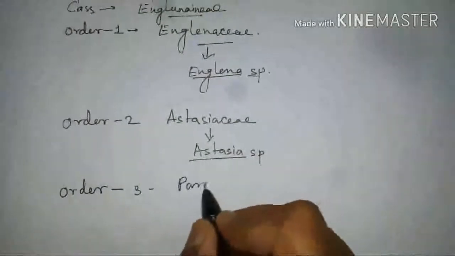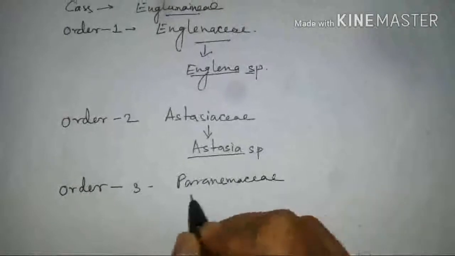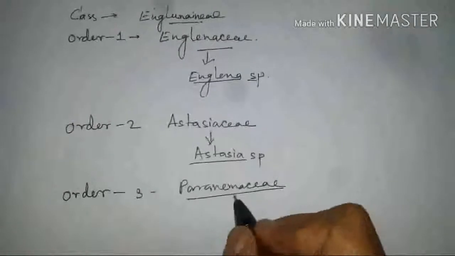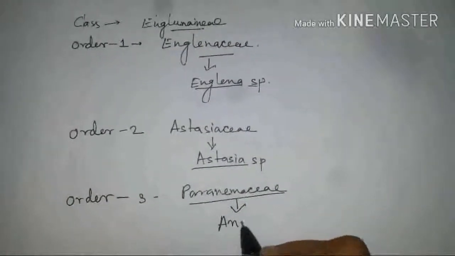Now the third order is Paranemaceae. An example of this order is Anisonema.